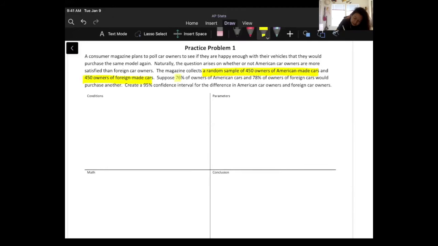Suppose 76% of owners of American cars and 78% of owners of foreign cars would purchase another. Create a 95% confidence interval for the difference in American car owners and foreign car owners. So again, this is going to be a 2-prop confidence interval.